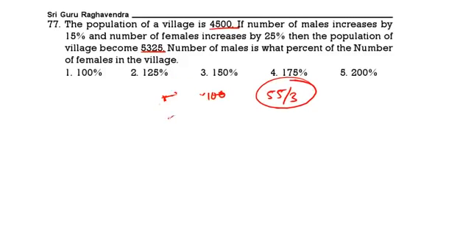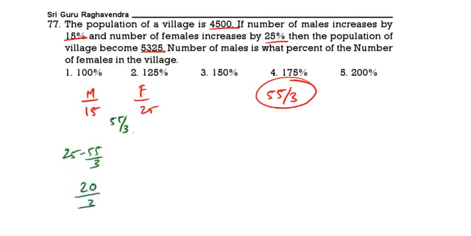Now you go by alligation mixture method. See, males, females. Males is increasing by 15. Females is increasing by 25. Middle value we are getting 55 by 3. Now do the calculation. See, 25 minus 55 by 3, that is 20 by 3.